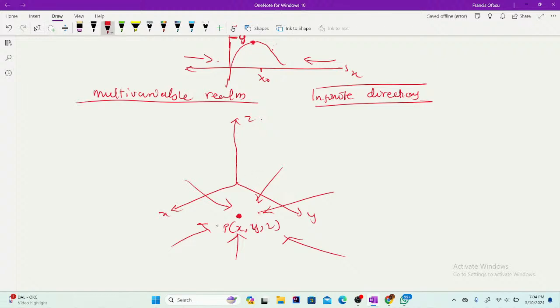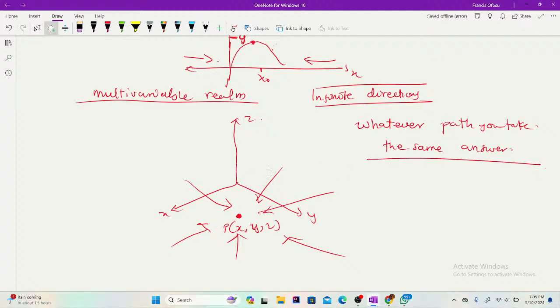But the condition is that whatever path you take, we should have the same answer. Whatever path you take, you should get the same answer after approaching this point as your limit. That is one thing you should take note of.